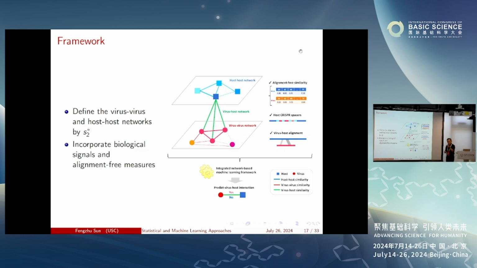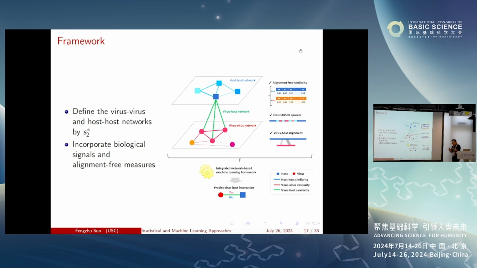So now you can think about this as a two-layer network. One layer, the top layer, we can consider as bacteria. That's the bacterial network, and the bacteria have some similarity. Again, you can use a variety of different similarity measures.